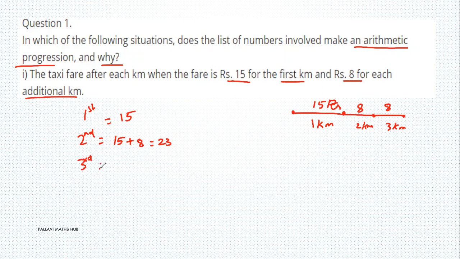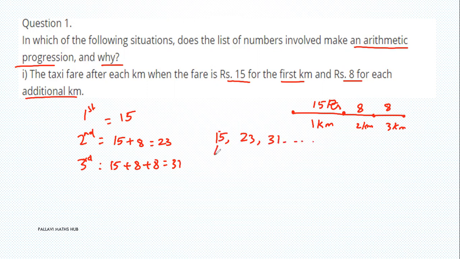So for the third kilometer, 15 plus 8 plus 8, which is equal to 31. Now you need to check whether it is an arithmetic progression or not. Write the terms 15, 23, 31 going up to infinity.